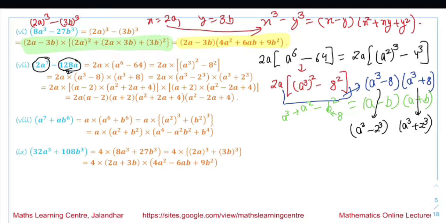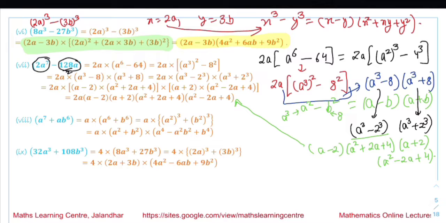So now again you will apply the formula over here. So it is (a minus 2) into (a square plus 2a plus 4), and when you apply the formula over here, it is (a plus 2) into (a square minus 2a plus 4). So this is the final answer you are getting in this case.